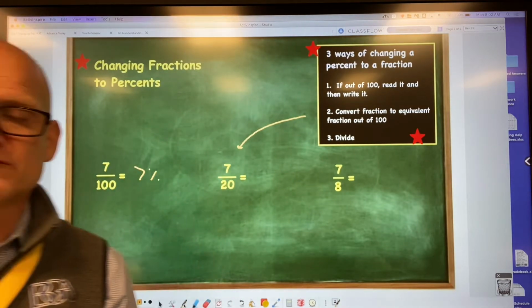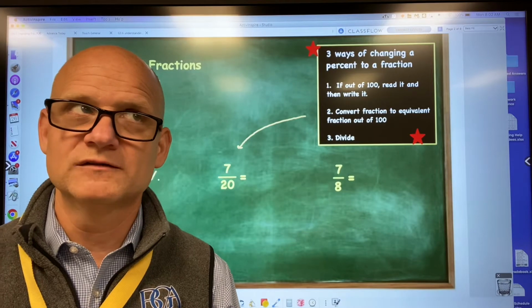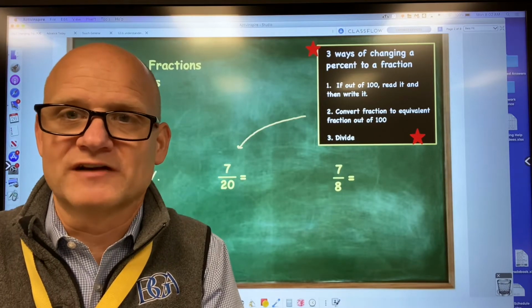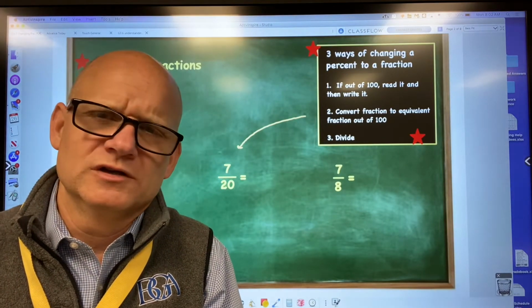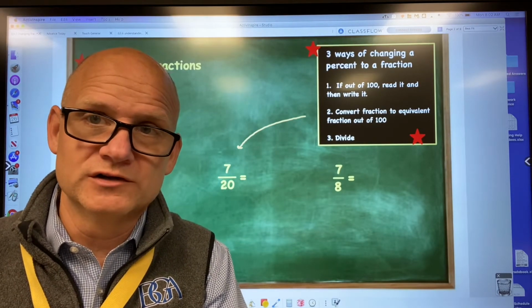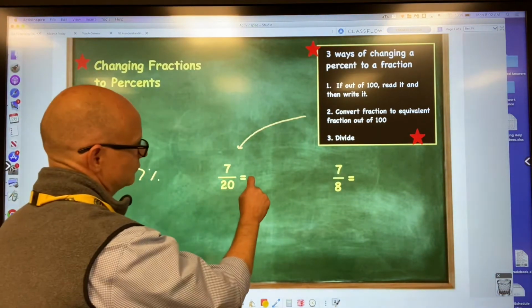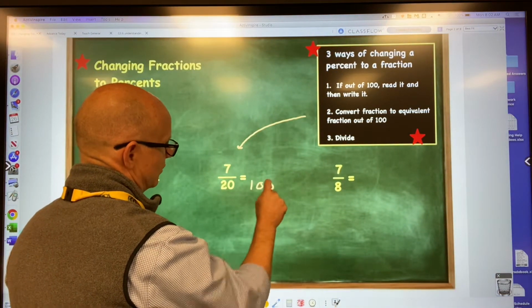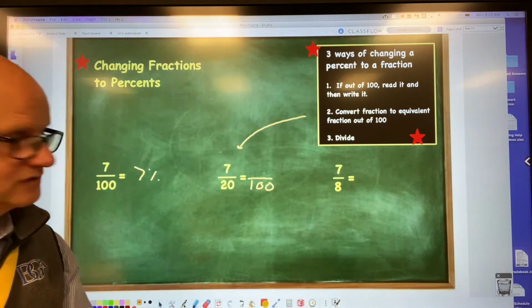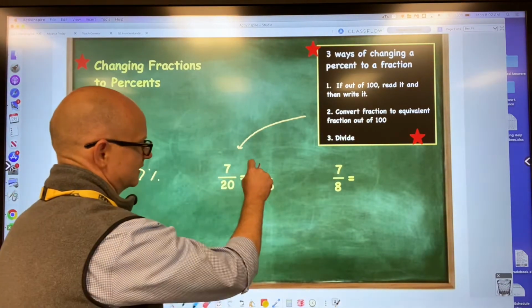Step two, though: sometimes the fraction's not out of 100. So then you just write it as an equivalent fraction out of 100. Well, what do you mean? Well, 7 out of 20, you know 20 can go into 100 5 times. So you could change this 7/20ths to out of 100. Your question is just 7 out of 20 equals what out of 100? It's like an equivalent fraction.